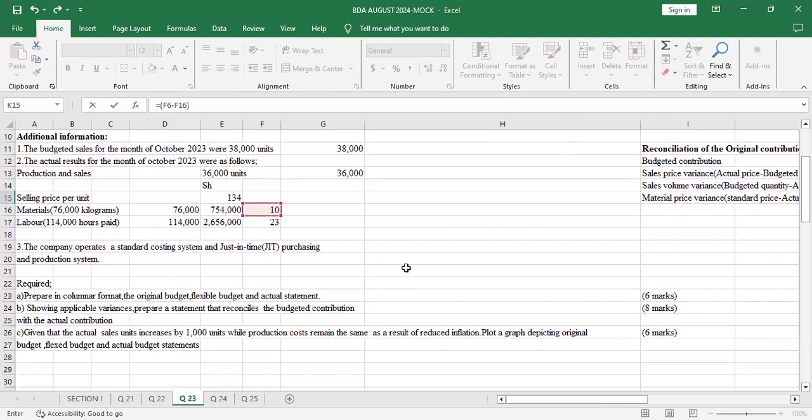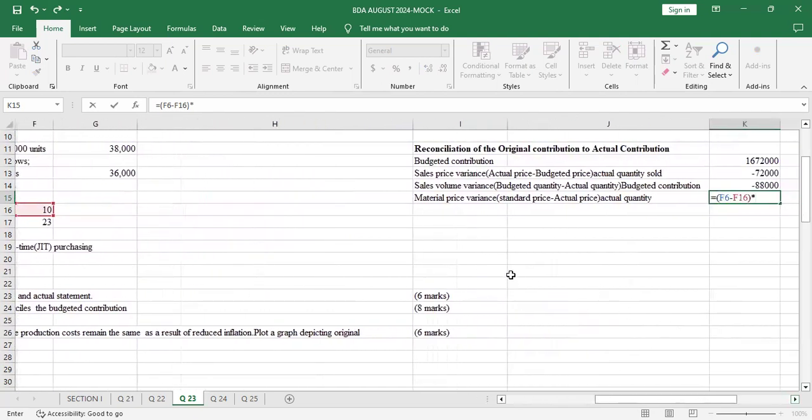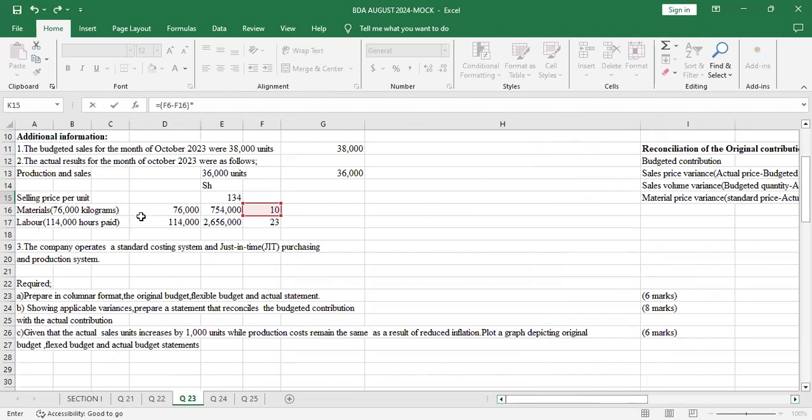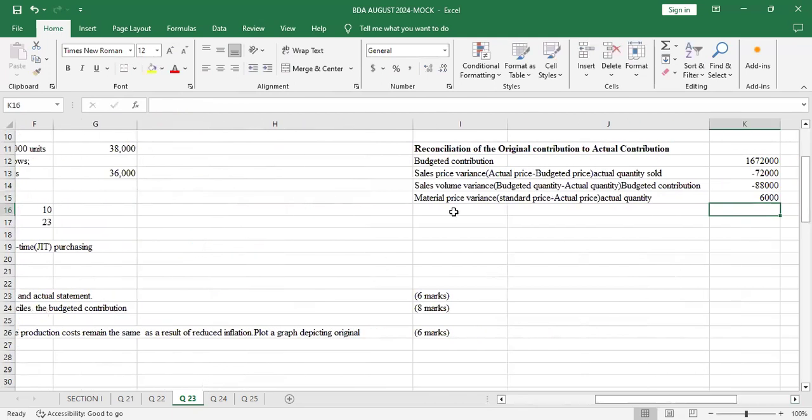Then you multiply by the actual quantity, the quantity of material, which was 76,000. Then you enter, and you have a variance of 6,000. So it's not adverse, you have a positive variance of 6,000.